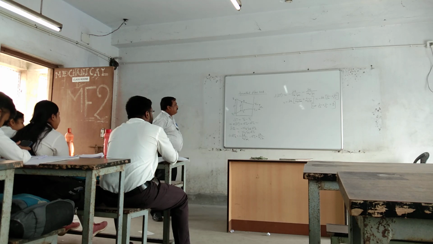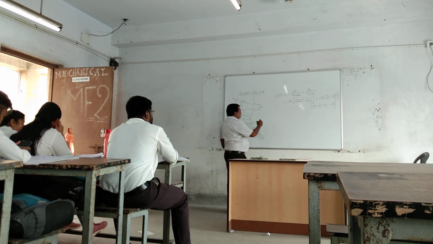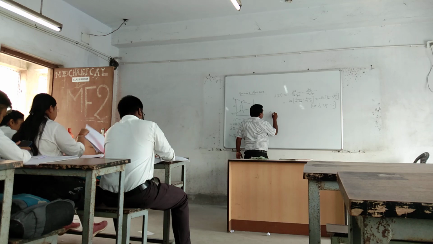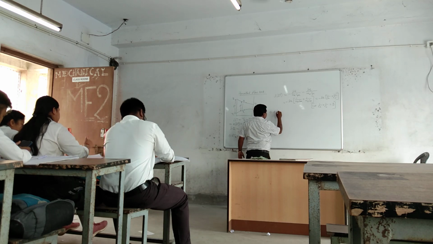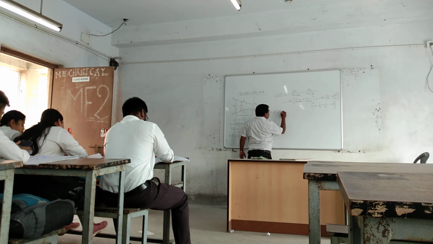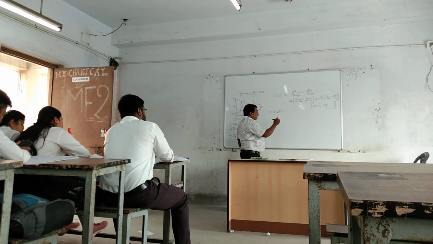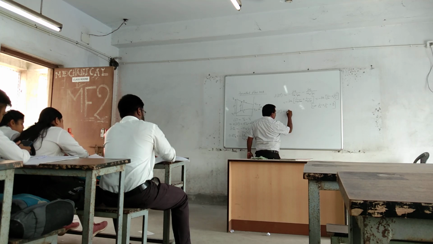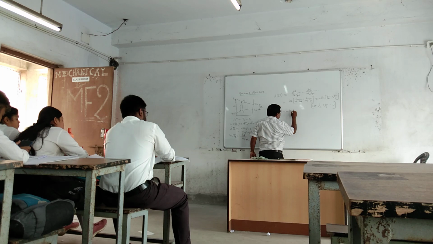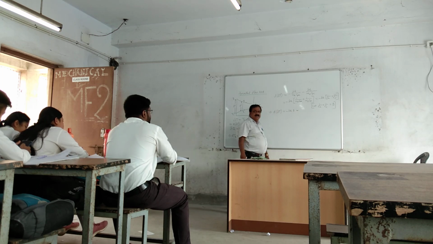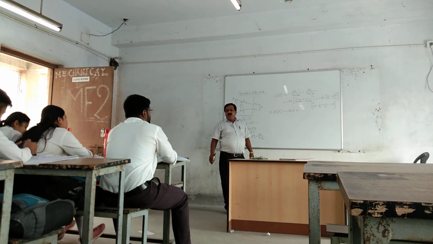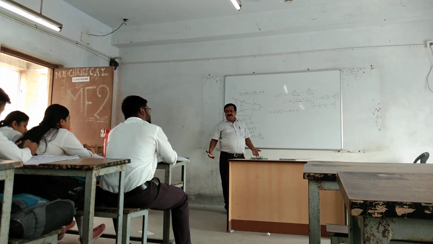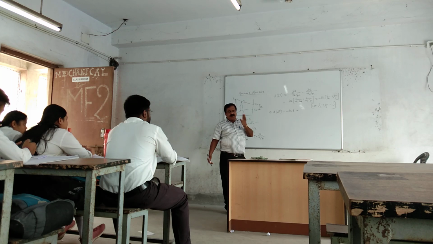So we can write d delta T, which is equal to minus delta Q into B. Minus delta Q means U dA delta T, the overall heat transfer coefficient multiplied by the area into the temperature difference.